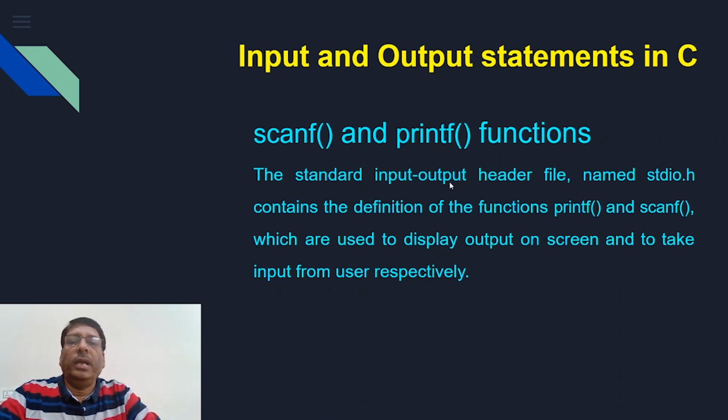The standard input output header file called stdio that we include at the beginning of the program contains the definition of printf and scanf. So printf is going to help us to display the values, and then scanf is going to help us to accept the value from an input device.